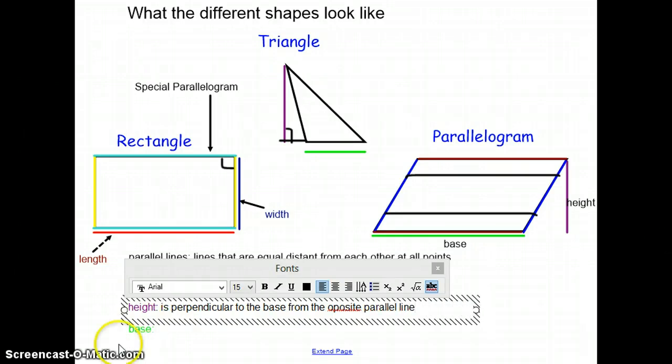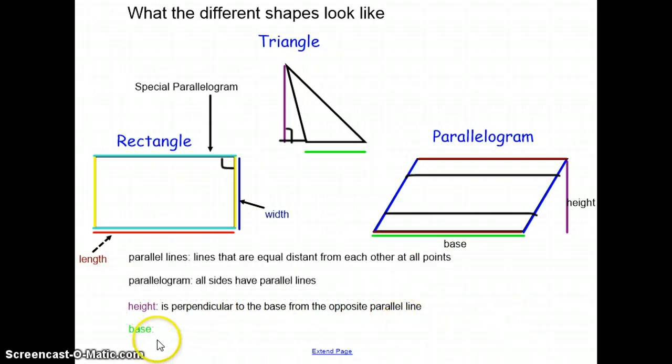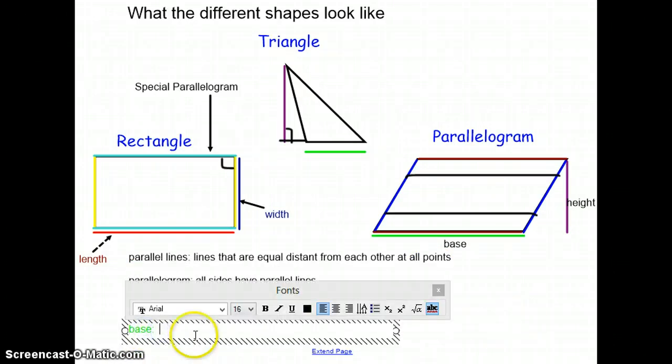And the base is basically just the measurement of the bottom segment.